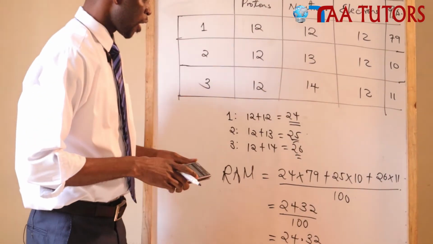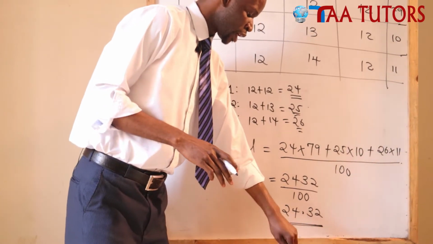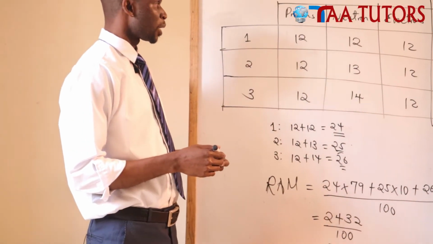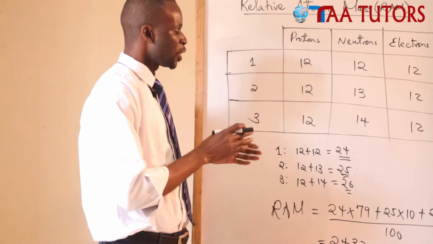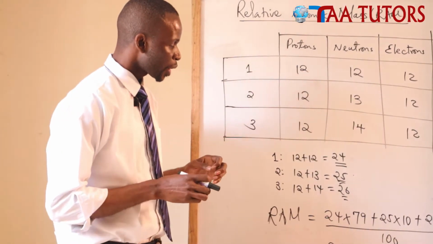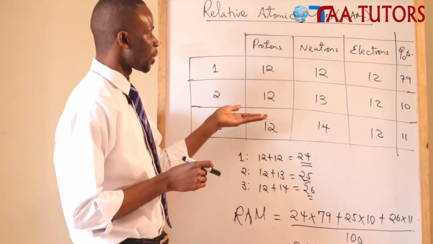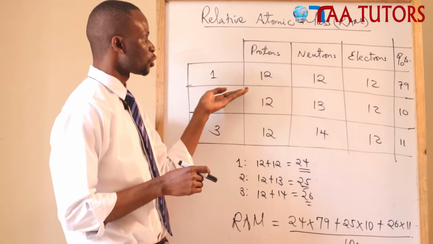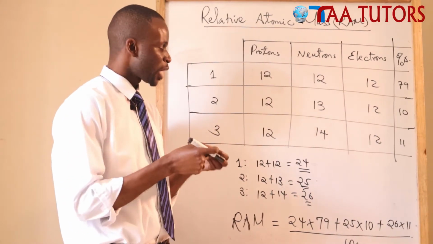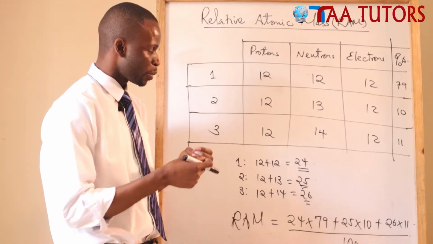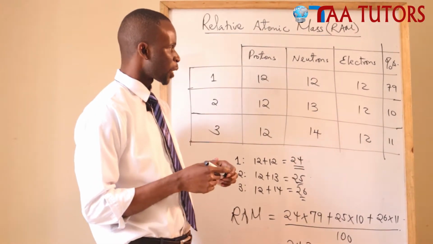Viewers, this is how far we can calculate this particular atomic mass. I started by giving you chlorine, which had mass numbers. Then we came to magnesium, where we just have protons and neutrons. So for us to get the mass number, we really have to add ourselves before we can calculate the relative atomic mass.